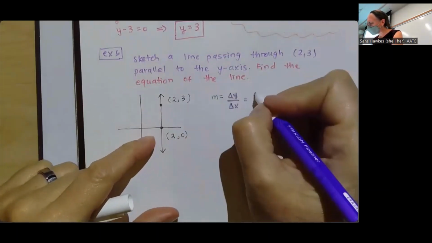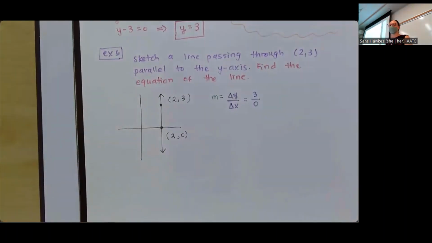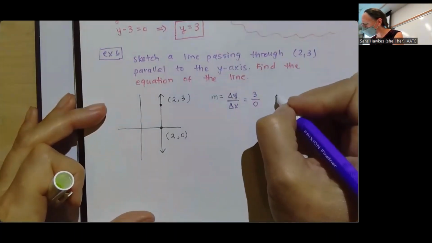Our y value changed by 3, but our x value didn't change at all. We call this an infinite slope or an undefined slope.